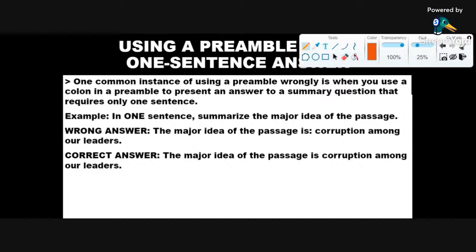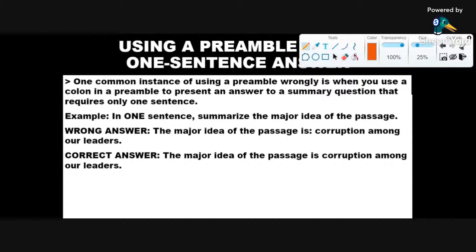WAEC doesn't want phrases from you as summary answers to the summary questions they asked you. No. They said in 3 sentences, not in 3 phrases. You are the one who decided to create a kind of preamble that is used to present a group of phrases, because part of each answer is already included in the preamble, and that is where the issue arises.